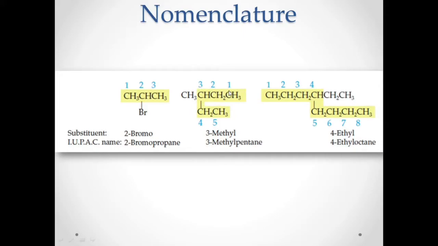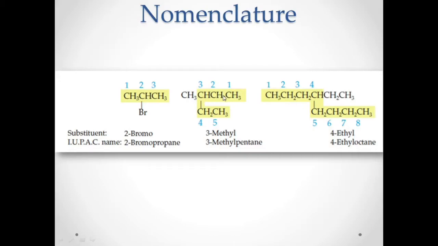Okay, the next sample. So rule number 1, you should number your carbon chain with the longest continuous carbon chain. And rule number 2 is, when you number the parent chain, the substituent would have to attain its lowest number. Okay, so you have 1, 2, 3, 4, 5. So this would be the longest, not the other way around.